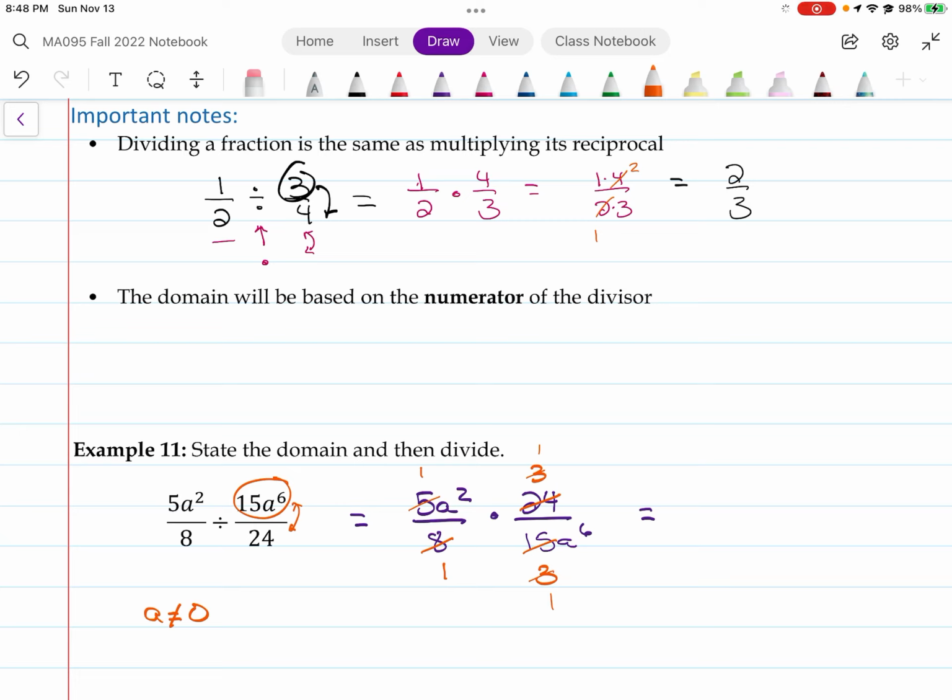Now let's rewrite this. We've got a squared over a to the 6. Remember, this is the quotient rule, so a to the 2 minus 6 is a to the negative 4. So this just becomes 1 over a to the 4th.